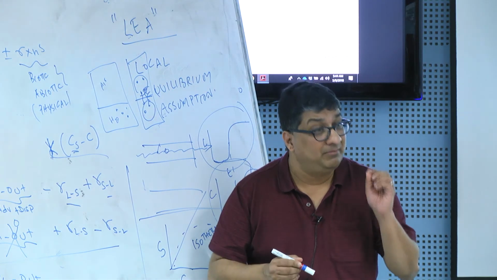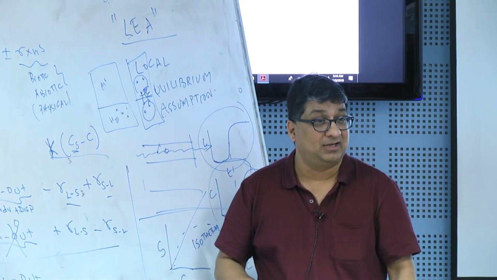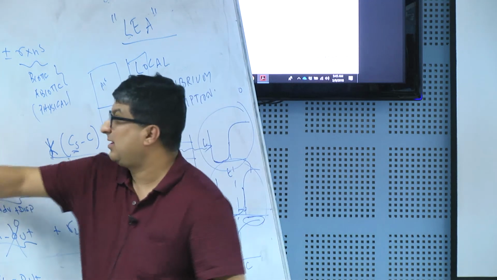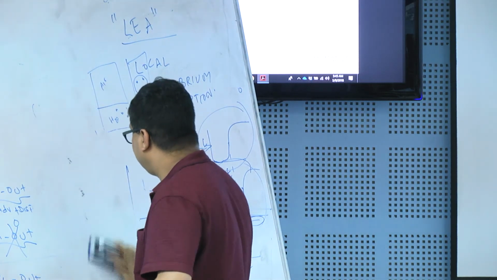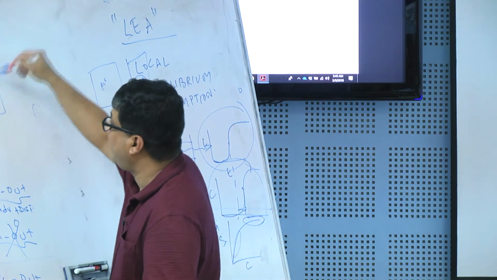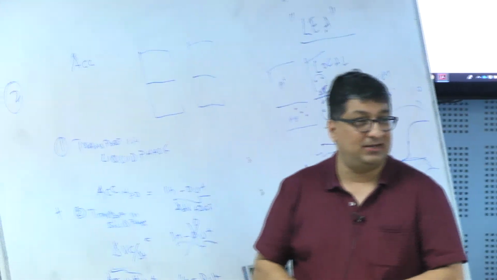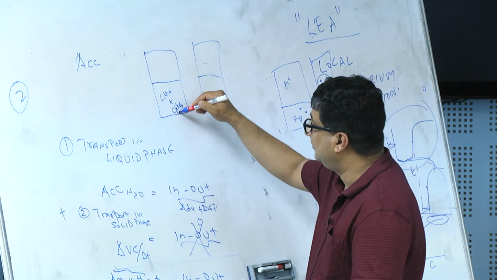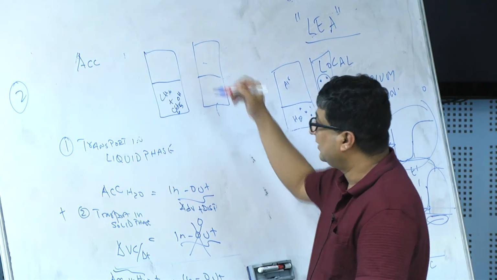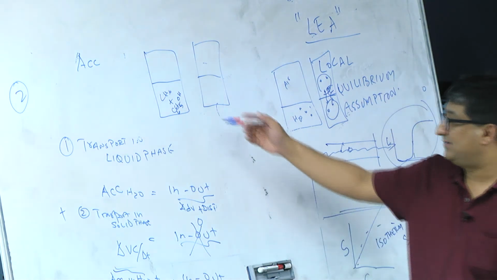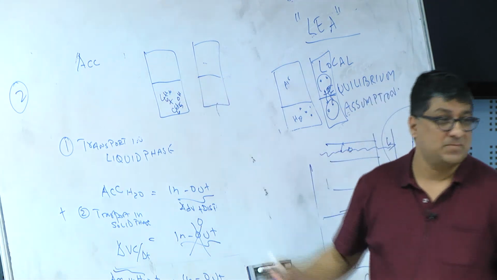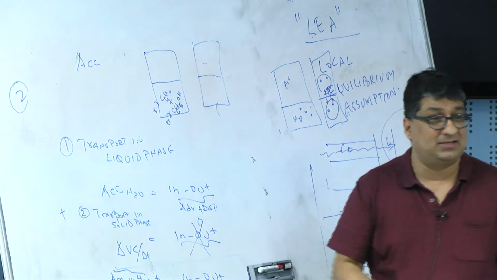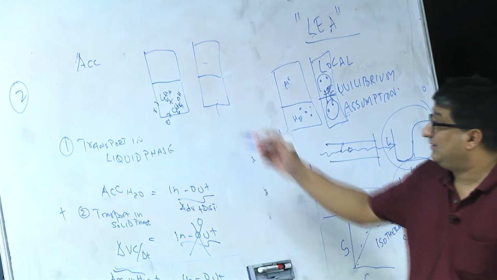But Henry's law constant means it's the chemical in the water. So it is only applicable to dilute solutions. Okay. So if I have, let's say, a mixture of phenol and benzene with mole fractions equal to 0.7 and 0.3, then this is not a dilute solution.